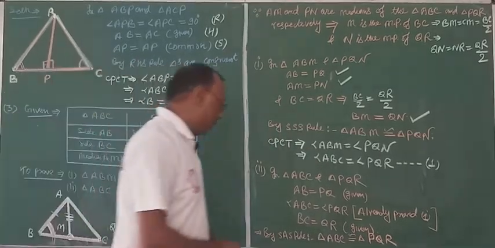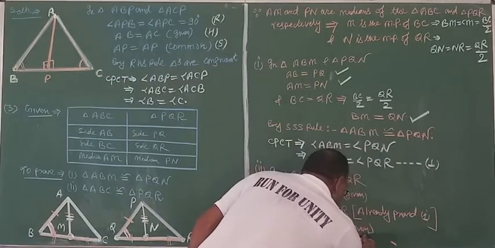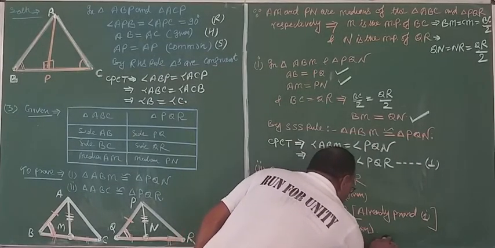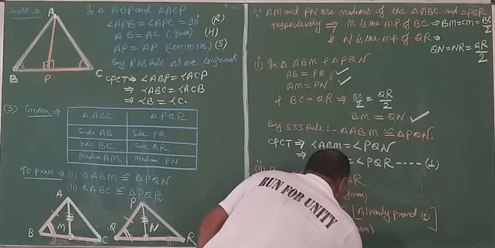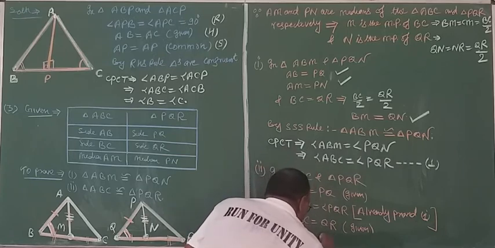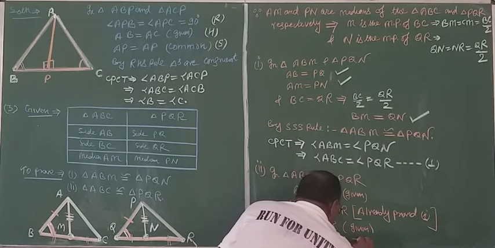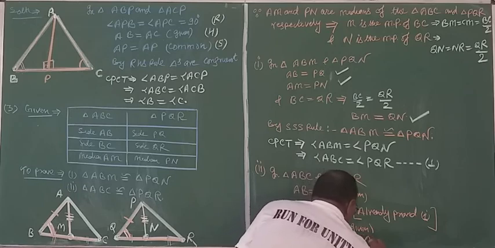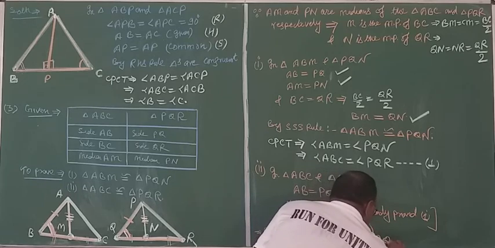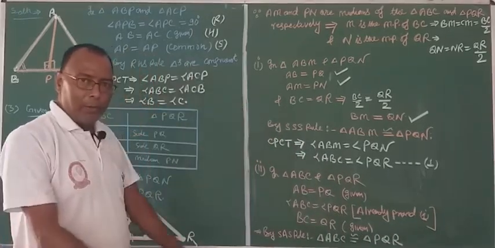Is it okay there? What will happen here? Last line we are writing with this white chalk: triangle ABC will be congruent to triangle PQR.